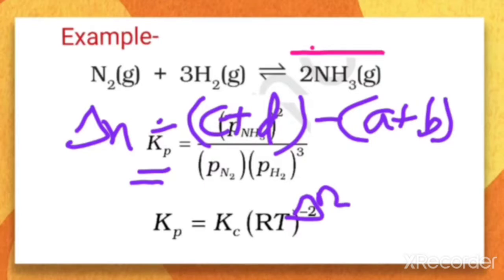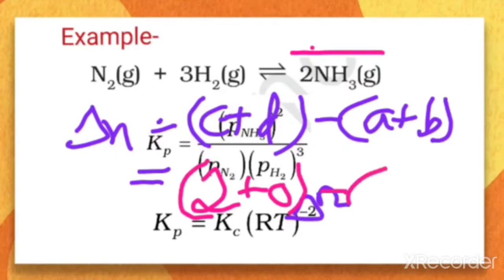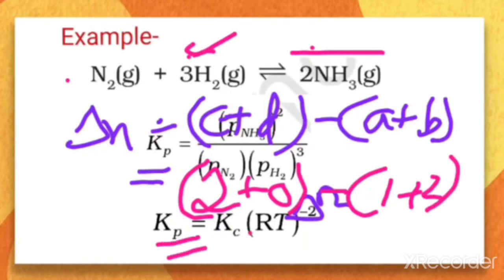So C is 2 and D is not there because only one term is there in the product side. So D is equal to 0 here, minus A. What is A here? A is the number of moles of nitrogen, it is 1 here, plus B, that is 3 here. Number of moles of hydrogen is 3. So when you solve this, what will we get? That is 2 minus 4, that is equal to minus 2.